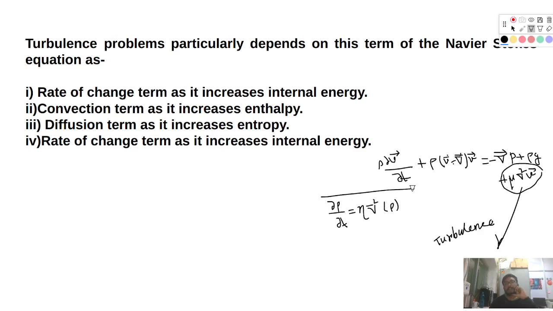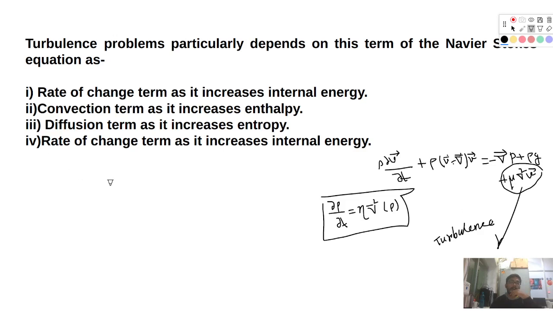So this way a diffusion equation is written. Now if we compare this equation with this, you see that if these terms are not there, this is basically the diffusion equation. So what this viscous term is doing is, it is a diffusion term in this equation.